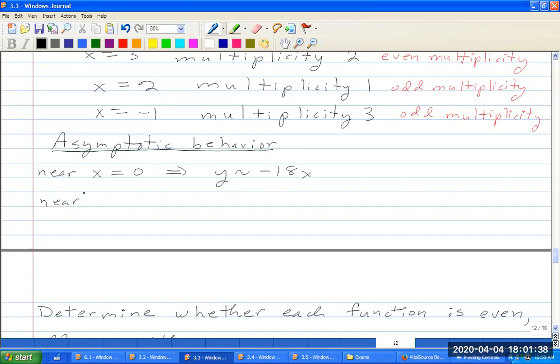Near x equal to 3, y is approximately, well, is asymptotic to, plug in for x. Actually, let me.